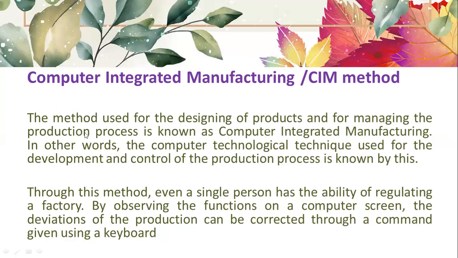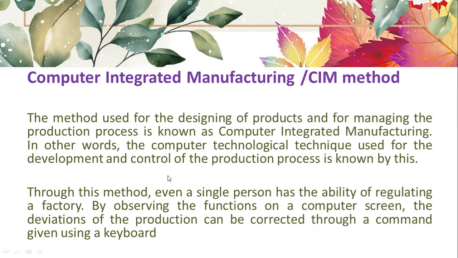Through this method, even a single person has the ability of regulating a factory. By observing the functions on a computer screen, deviations of the production can be corrected through a command given using a keyboard. That means what that person has to do, go to a cubicle, right? He has all the screens, he can see every process in his factory, right?